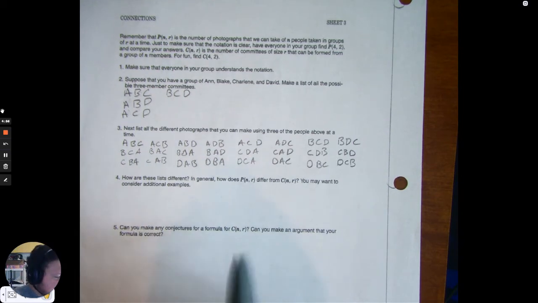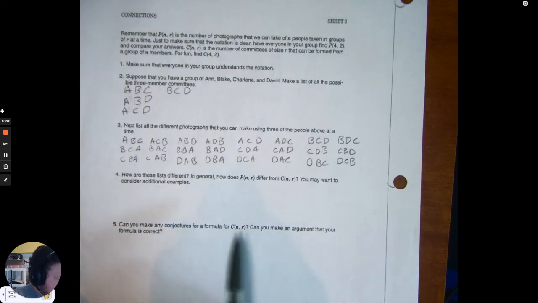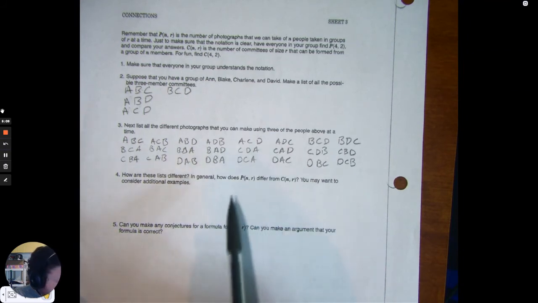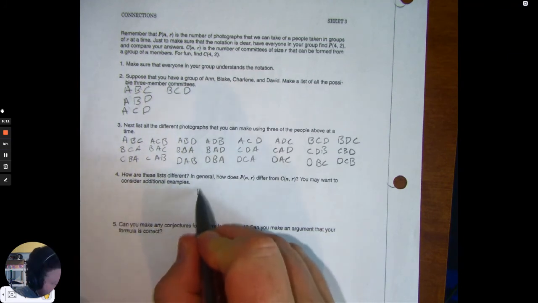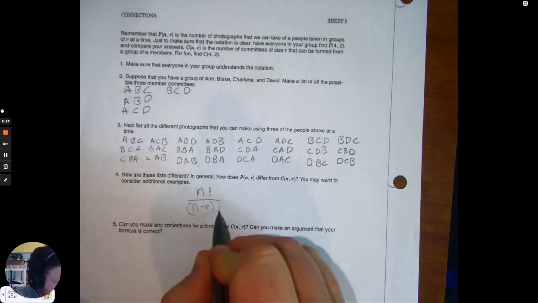Okay, so we already kind of cheated and went through all these already, but I'm going to go through these again. So remember, for P, the permutation, where the order does matter, this is n factorial divided by n minus r factorial.